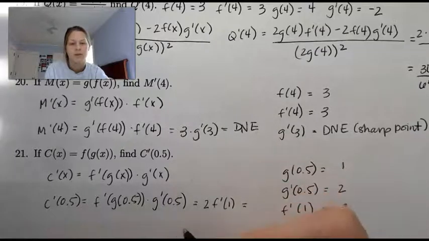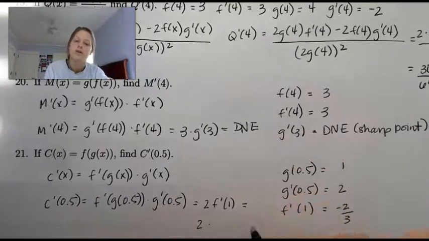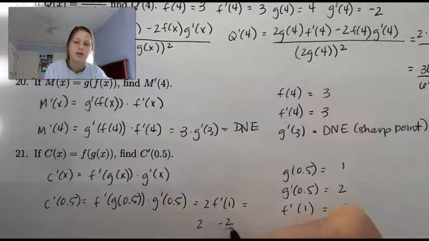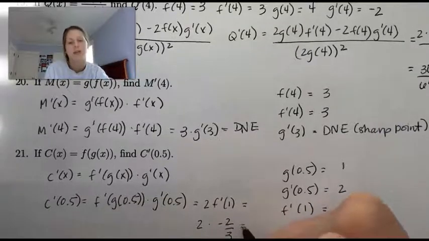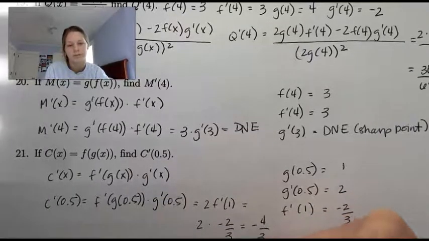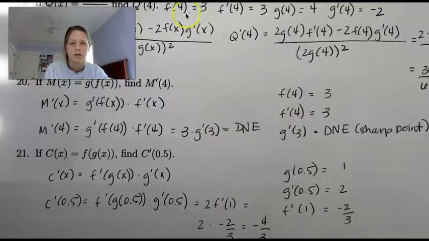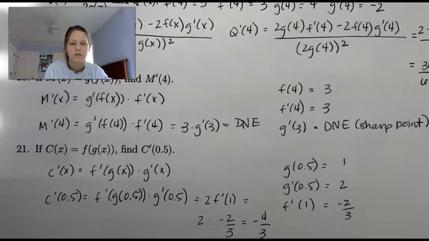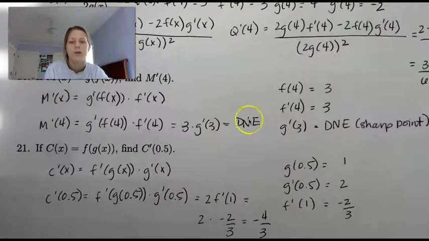F prime of 1 is negative 2/3. So we get 2 times negative 2/3 and end up with the final answer of negative 4/3. So the final answer you get for number 21 is negative 4/3.